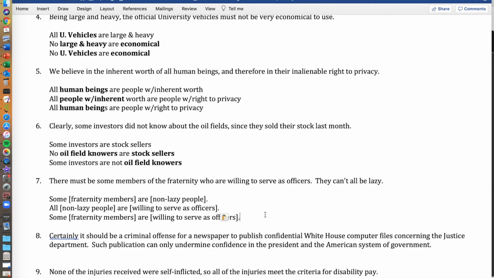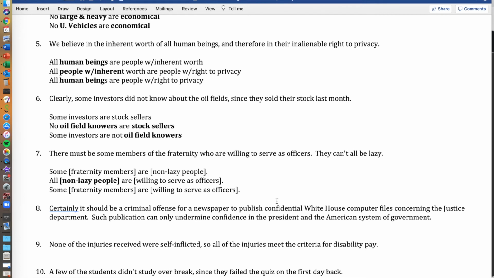And that's fine because that gives me a valid syllogism and a missing premise. All non-lazy people are willing to serve. And the middle term is distributed there in that missing premise. So there's your valid argument with the missing premise for number 7.